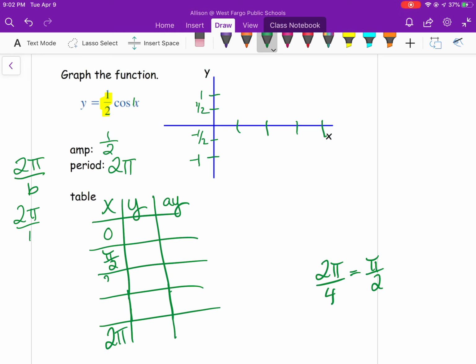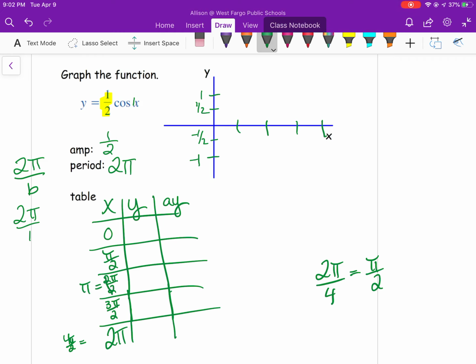So this would be 2 pi over 2, this one would be 3 pi over 2, and this one is 4 pi over 2, which reduces to 2 pi. I can reduce this one more: 2 pi over 2 reduces to pi.